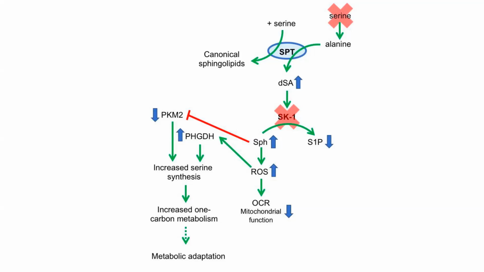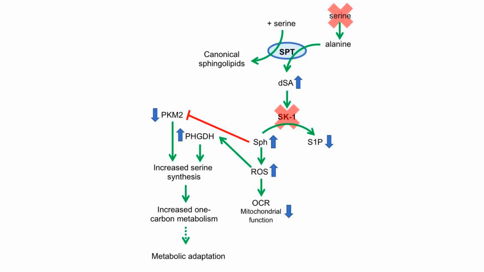So you can no longer make sphingosine phosphate, and the cells produce reactive oxygen species, inhibit mitochondrial function, and lead to synthesis of serine. So there is a pathway, and we're not sure how yet it happens, but these molecules drive PHGDH, which is a key enzyme in serine synthesis. So when you inhibit this pathway, you modulate cells to induce serine synthesis.